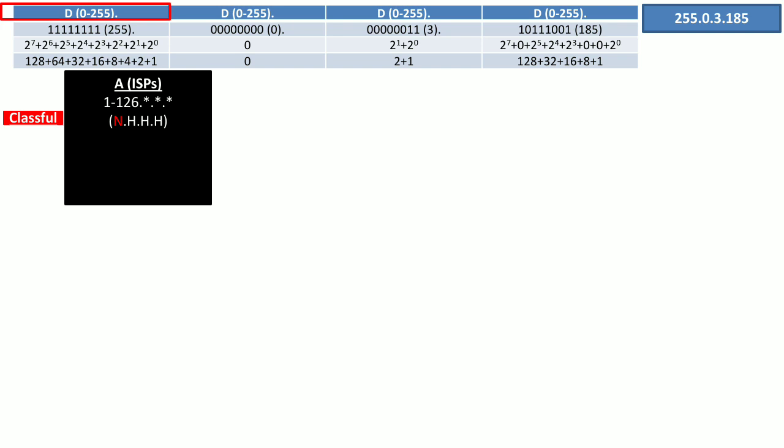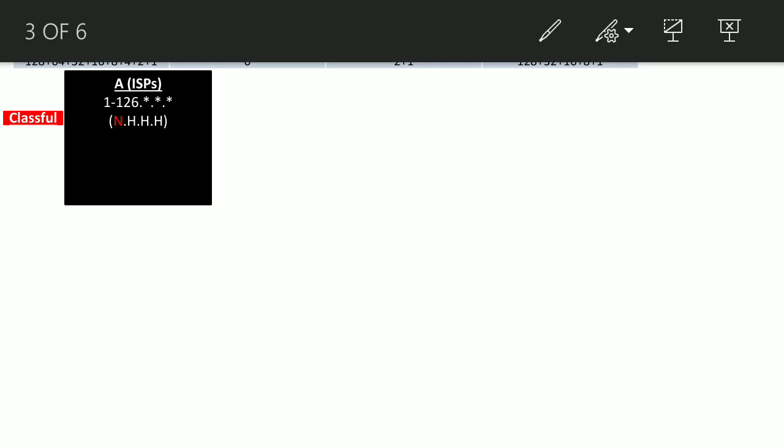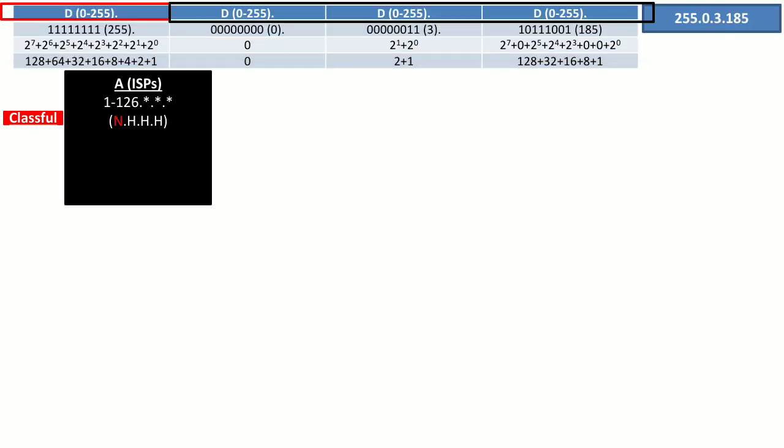So for example, in this table, the first octet reflects the network address, and the last 3 octets reflect the host address in a particular network. For example, in class A addresses there are around 126 networks, and then in each network there are multiple hosts.